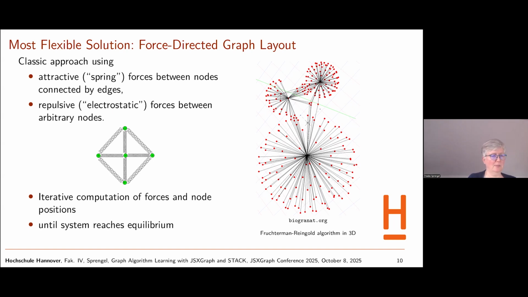We did this some years before. This is an algorithm for genetic networks in 3D, and it's easier to do it in 3D than in 2D because of these hub nodes. So maybe this is a little bit too much.